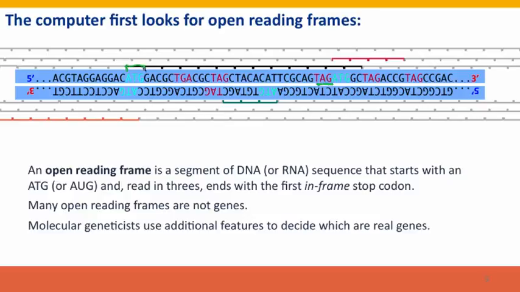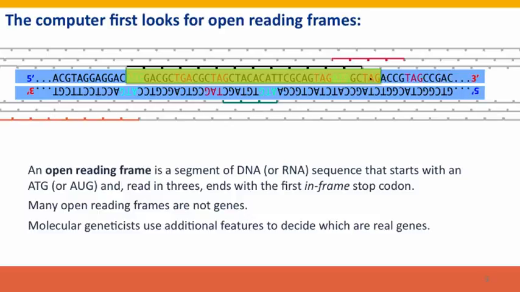This is our reading frame in black, set by this ATG, and this TAG is a stop codon in a different reading frame, but not in the reading frame that we're using. So this was only a partial open reading frame. The real open reading frame extends all the way to the next stop codon that's actually in frame.